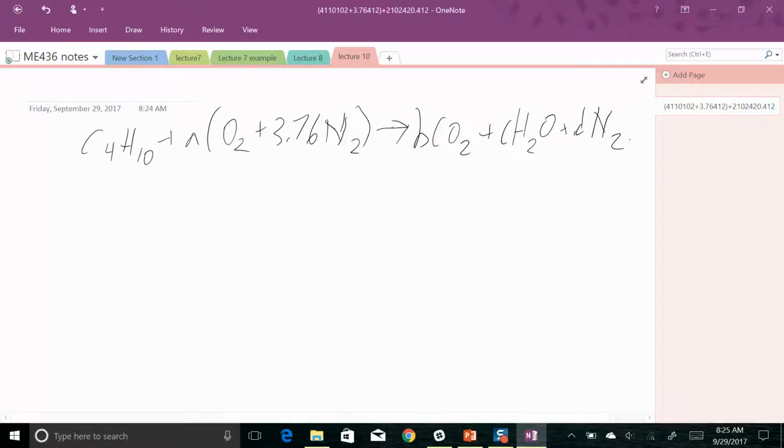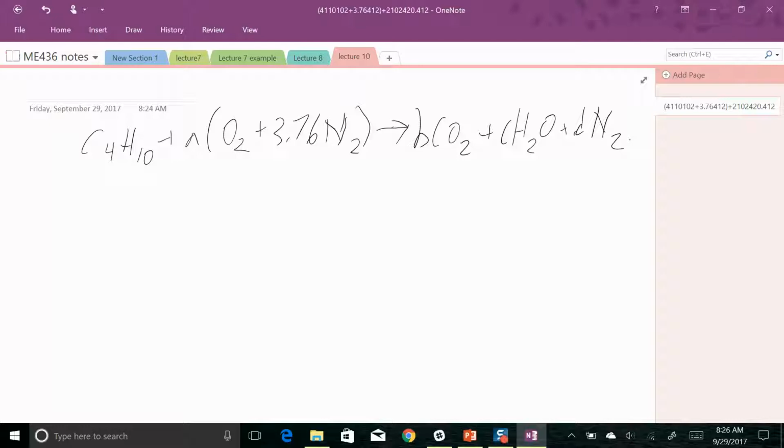Now, we'll do this for a stoichiometric reaction, so the precise amount of oxygen. We'll find that the heating value you would calculate would be the same for excess oxygen. The heating value will remain the same, but the temperature of those products might be different. Since there's more air you'd have to heat up, with the same energy being released, your temperature won't rise as much.